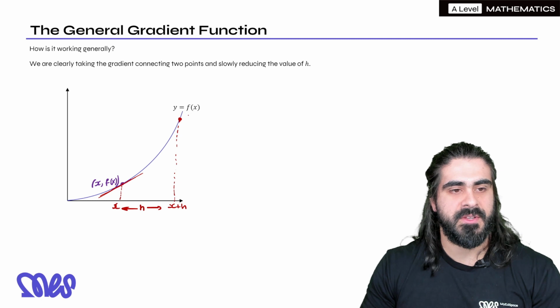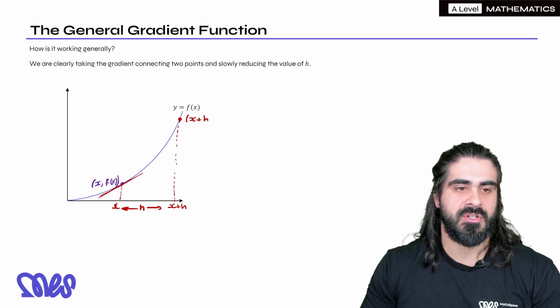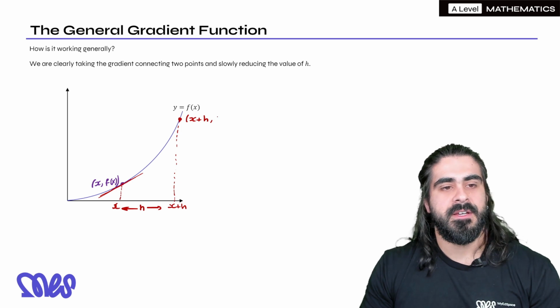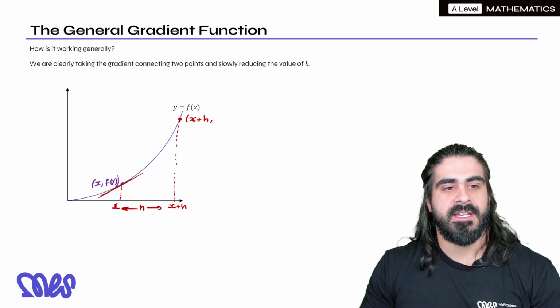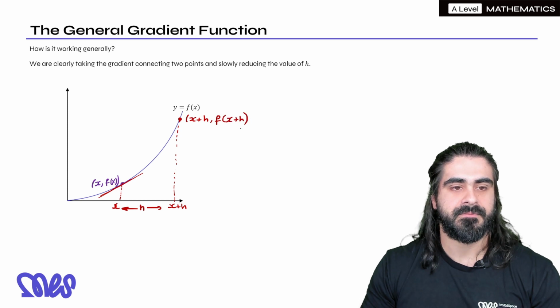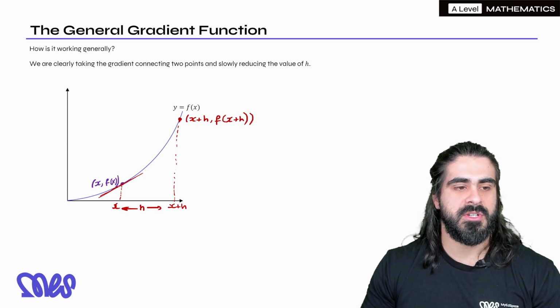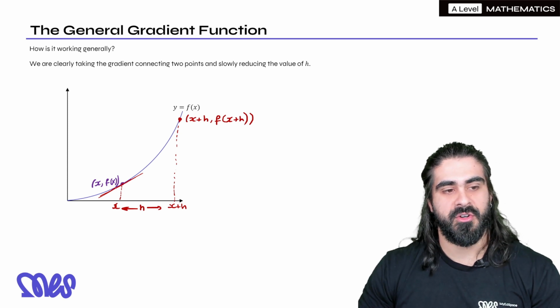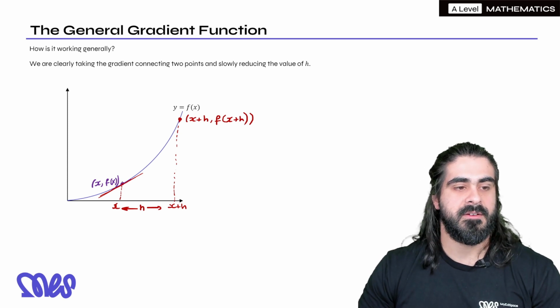So what's the coordinate of this going to be? It's going to be x plus h, and then we take that x value and sub it into f. So we'd get f of x plus h.